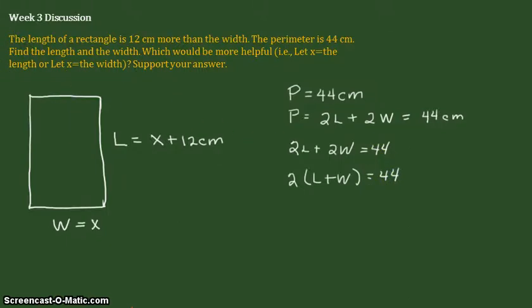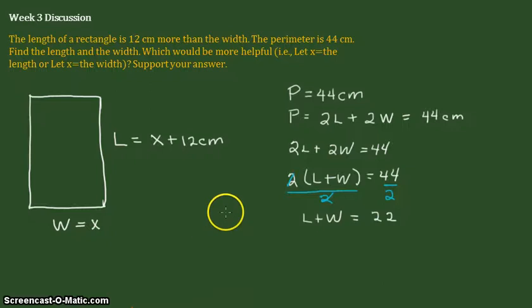If I divide both sides by 2, then the 2s cancel out on this side, which leaves me with length plus width equals 22.